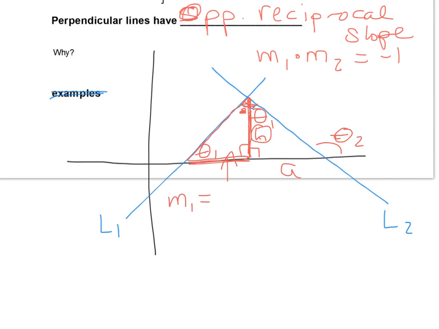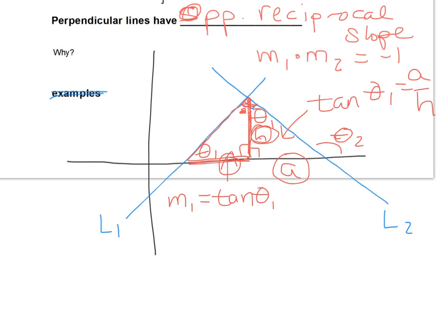Opposite over adjacent. So really, the slope is tangent of theta 1. But look at this triangle right here: tangent of theta 1 is equal to opposite over adjacent, A over H. So really, slope 1 is A over H.